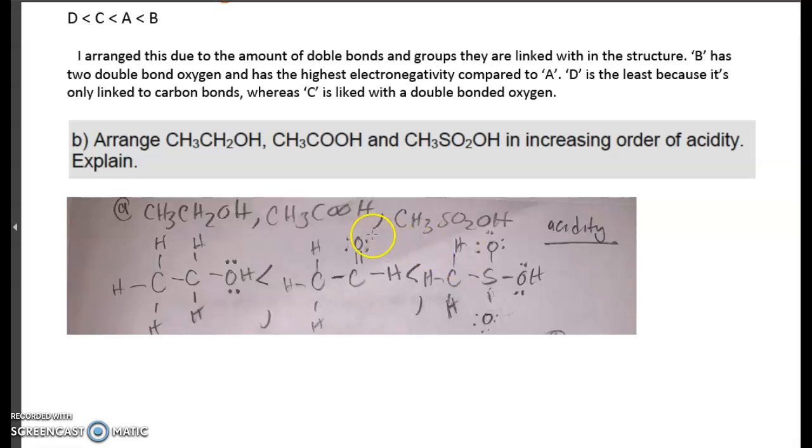So as you can see from the chemical here, CH3COOH is the second highest acidity due to having two oxygens here compared to the first one with CH3CH2OH. So this is how I did it, because I knew that electronegativity is much higher, meaning acidity is higher. So this is in order, being the least, middle, and highest.